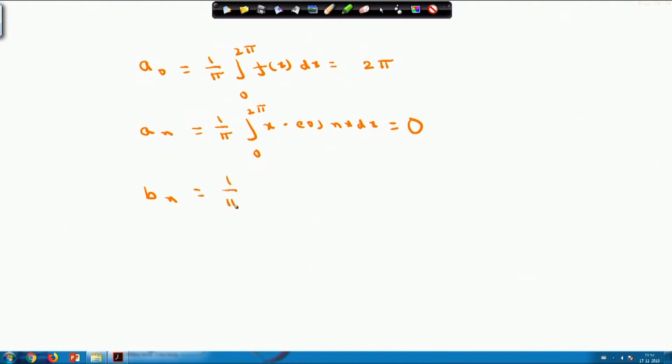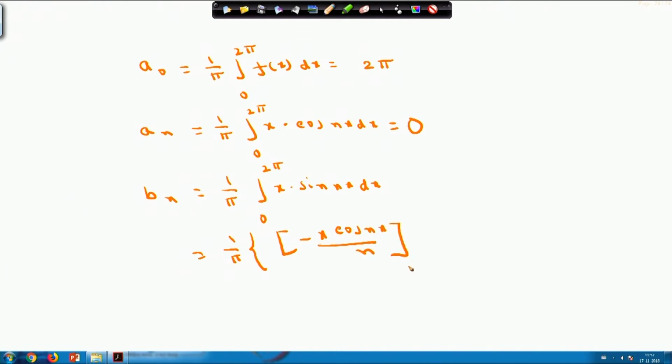Your b n is 1 by pi integral 0 to 2 pi f x, that is x, into sin n x dx. So, I can write this as 1 by pi into minus x cos n x by n, 0 to 2 pi, by integration by parts, and then minus integral 0 to 2 pi cos n x by n into dx.